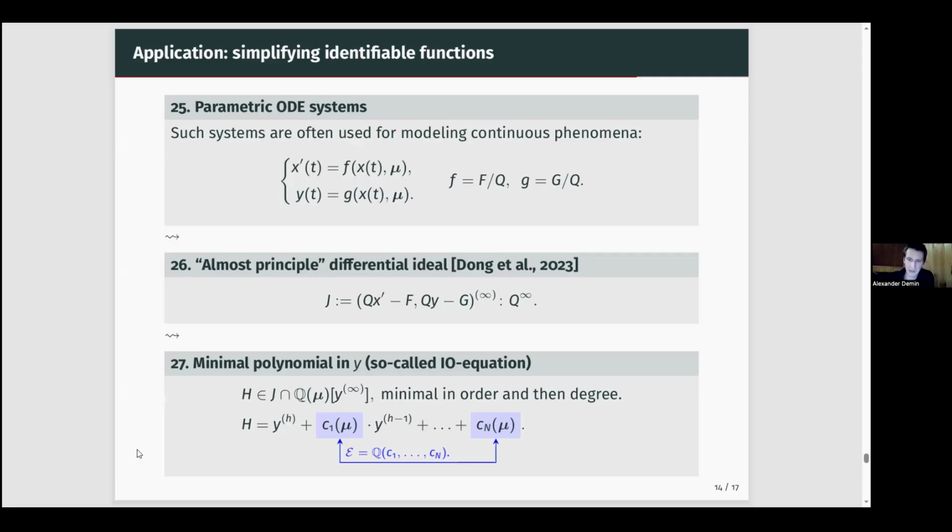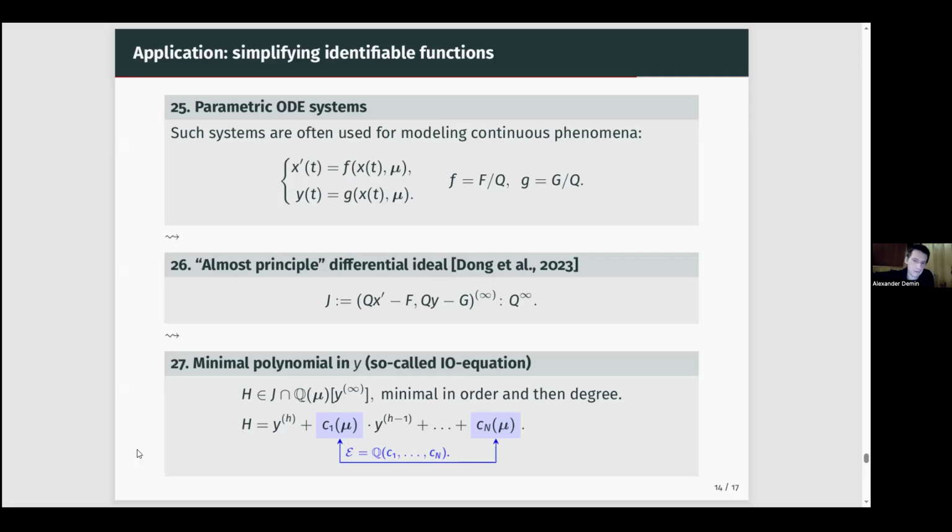This is some application where we actually have these subfields appear. So we'll consider parametric ODE systems with states that are time dependent. We will consider only rational ODEs. Here, x of t is a state and mu is some unknown parameter, or many of them.